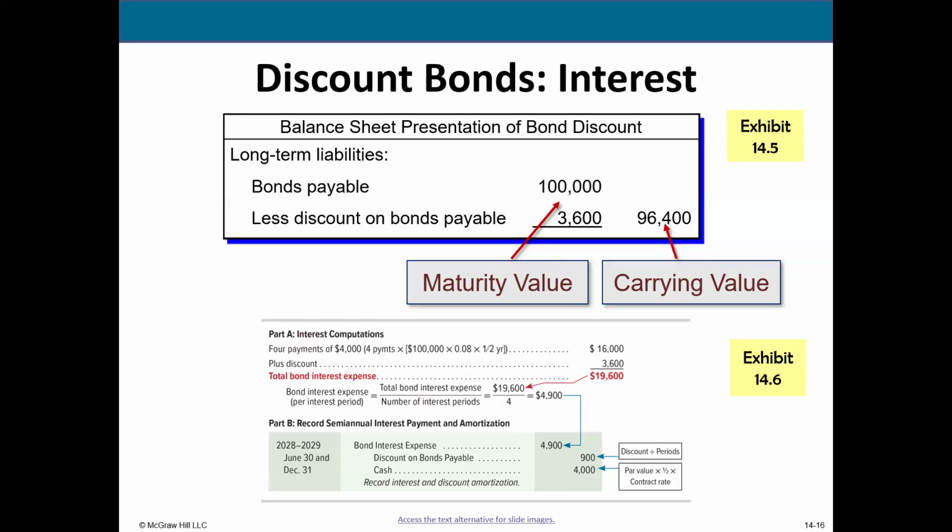And we would record this same payment 4 times: June 30, December 31, and then June 30, December 31, because it's a 2-year bond. So that is how we calculate the interest on a discounted bond.